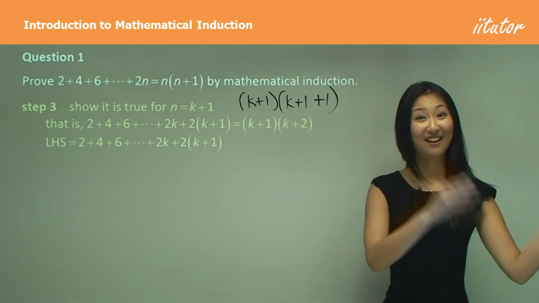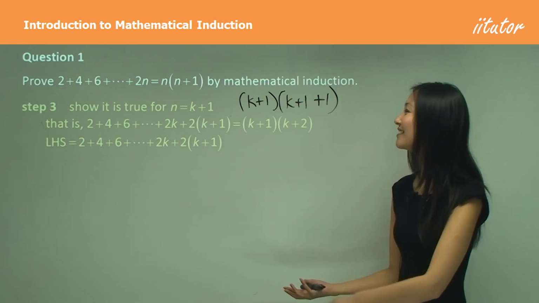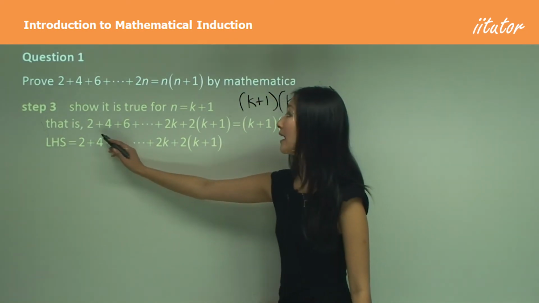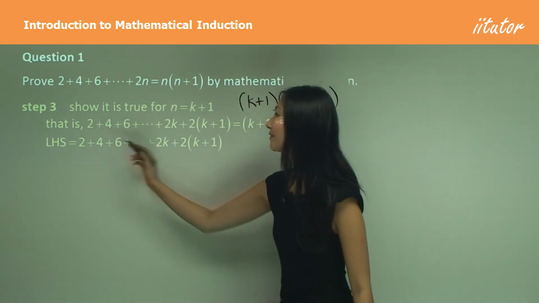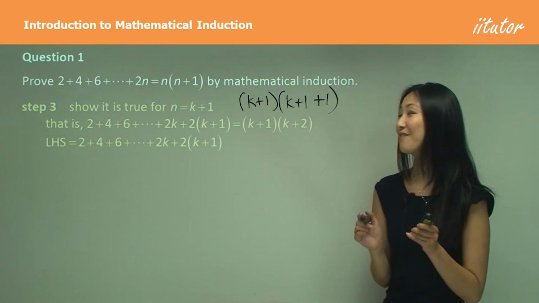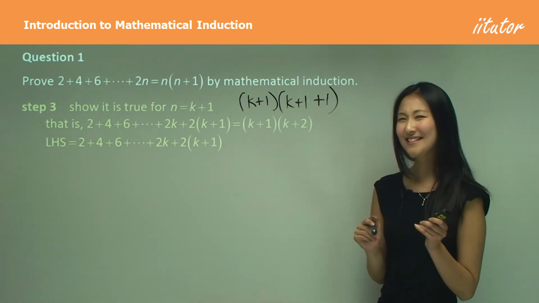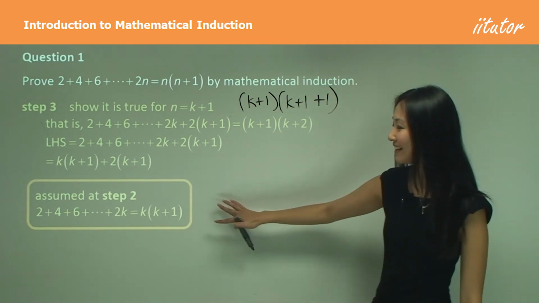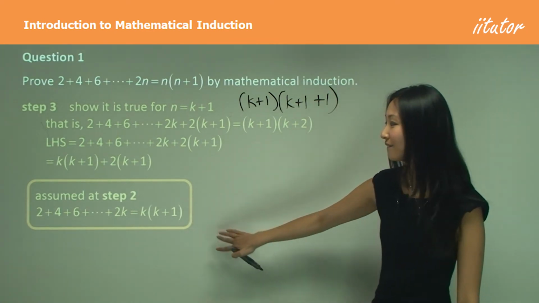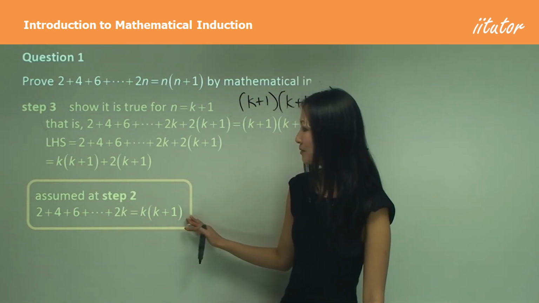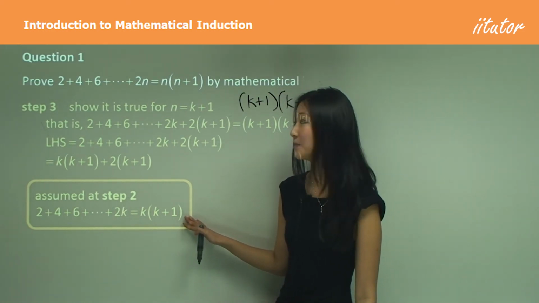We always do left-hand side equals right-hand side. So starting off here, we have the left-hand side equals this portion. Now, this is where I want you to use the assumption from step 2. Can you see how we can somehow use the assumption? Well, looking at what's assumed in step 2, 2 plus 4 plus 6 up to 2k equals k times (k plus 1).